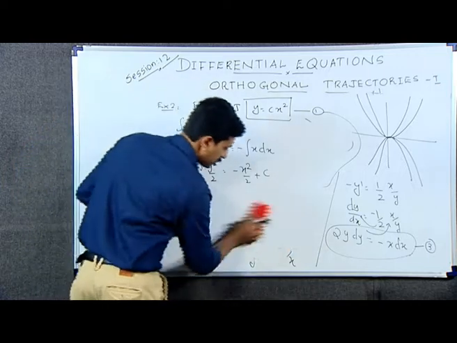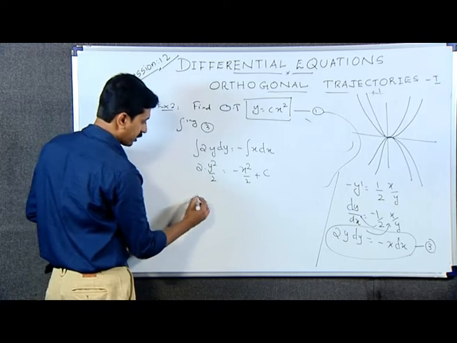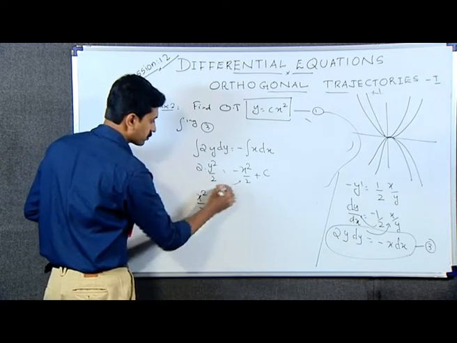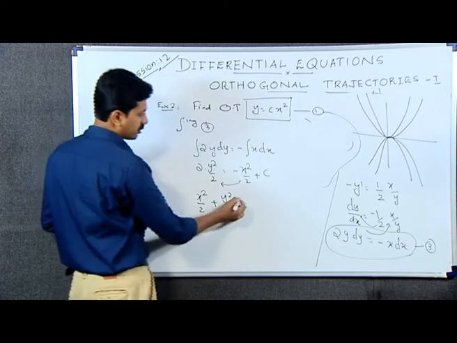So, taking x square by 2 to the left side, x square by 2 plus y square is equal to c.